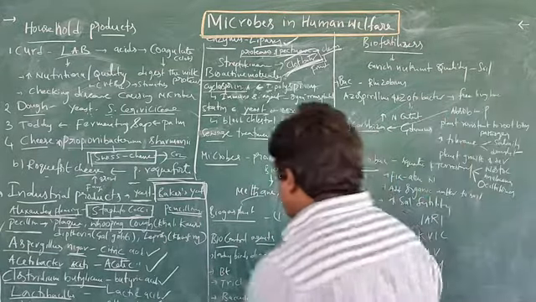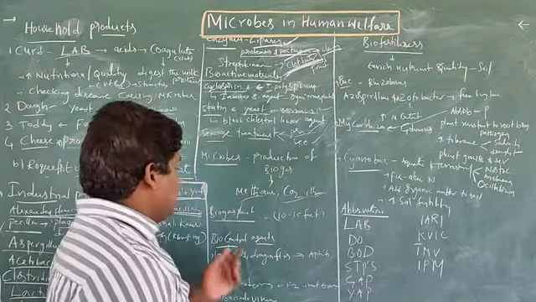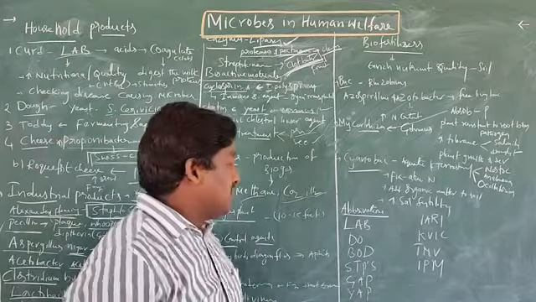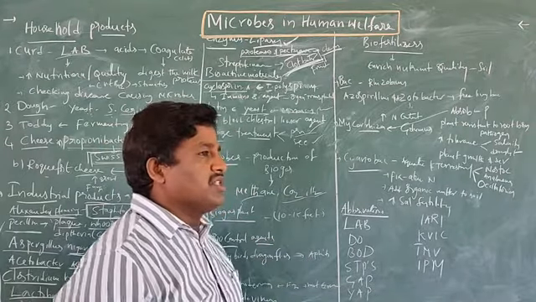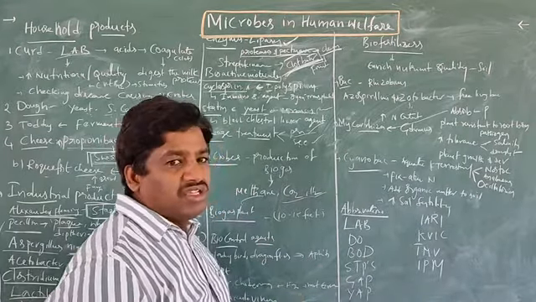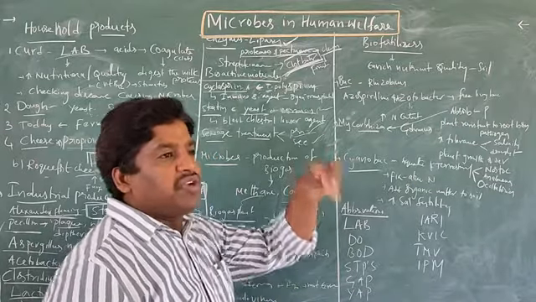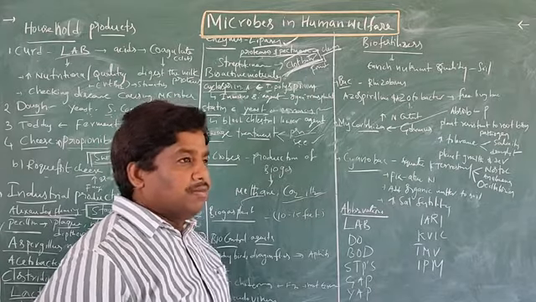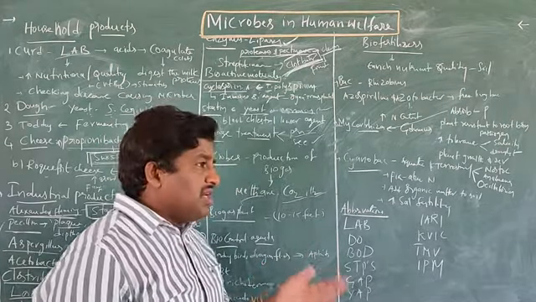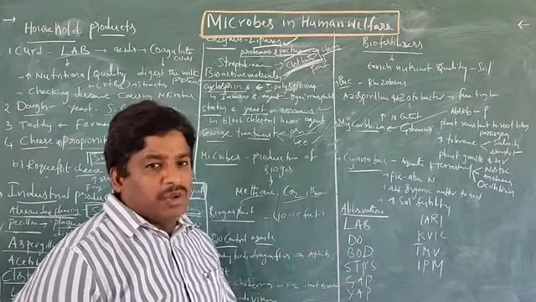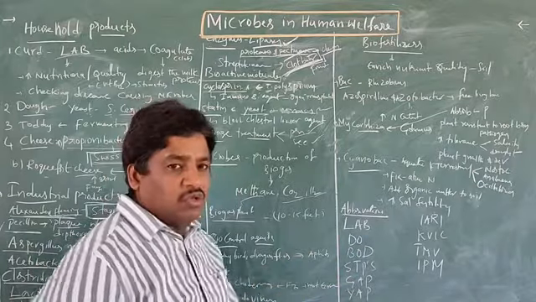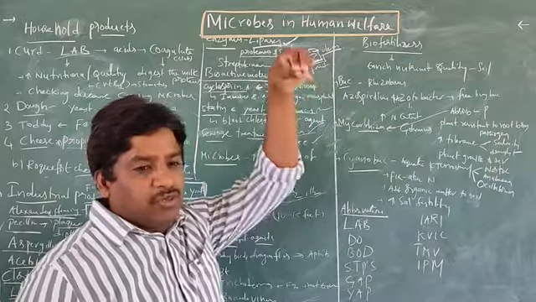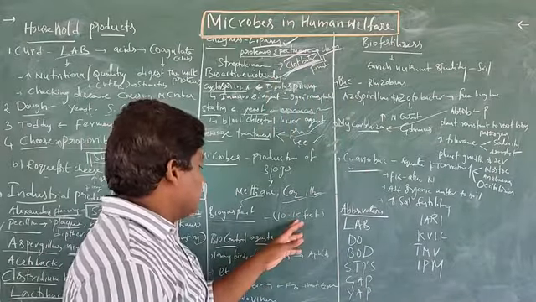Next, the biogas plant. The biogas plant is made of concrete, nearly 10 to 15 feet in size. What waste material can be put into this biogas plant? It is used for biogas production, and waste such as cow dung is put into this concrete biogas plant.